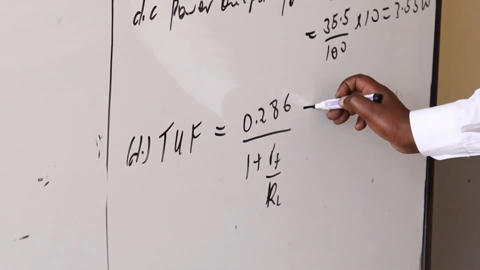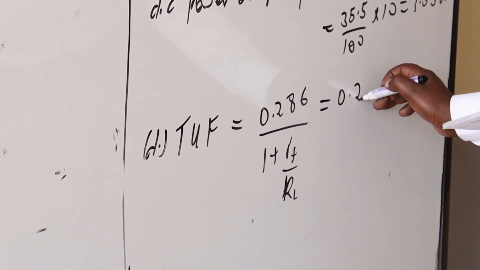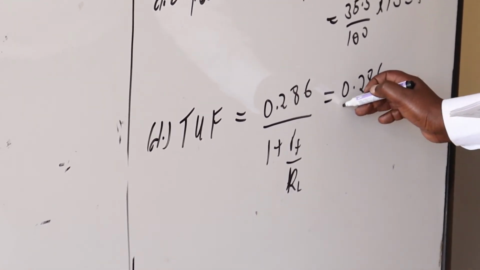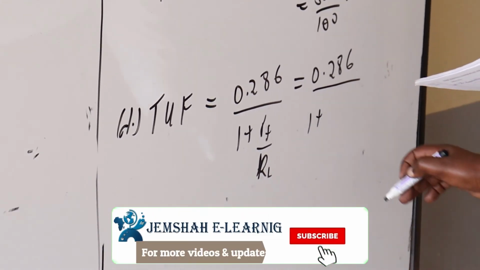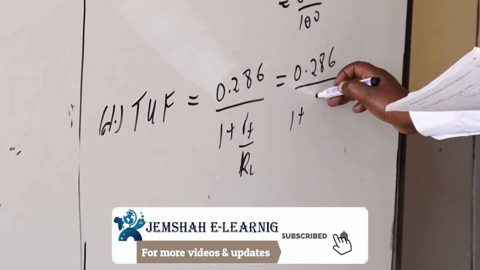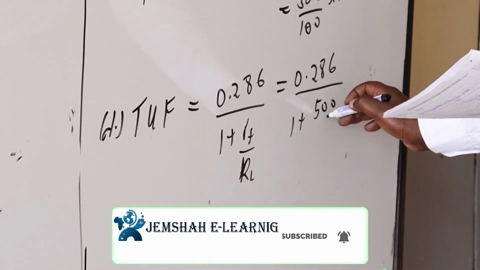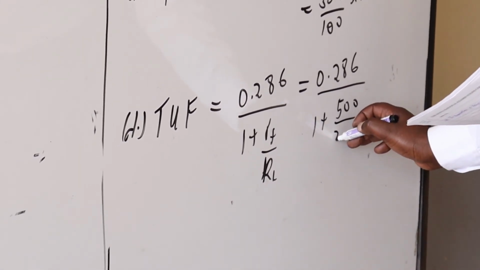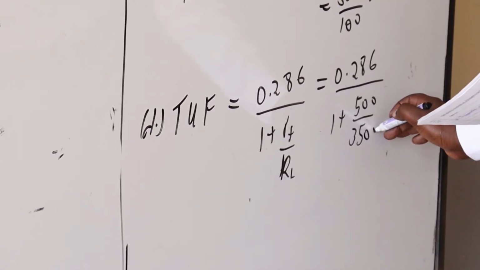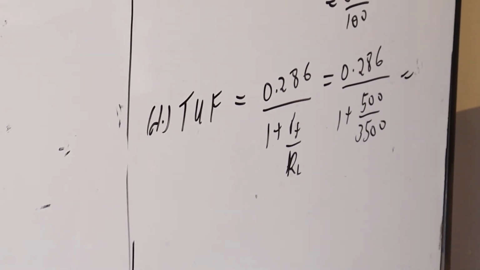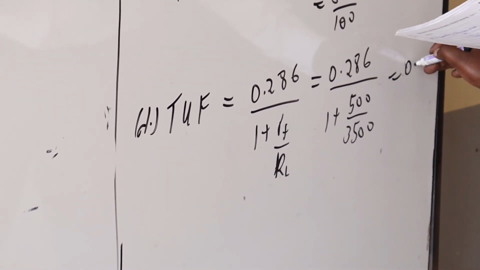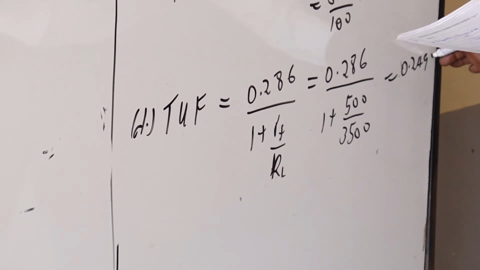So 0.286 all over 1 plus 500 over 3500. This will be 0.249. That's all.